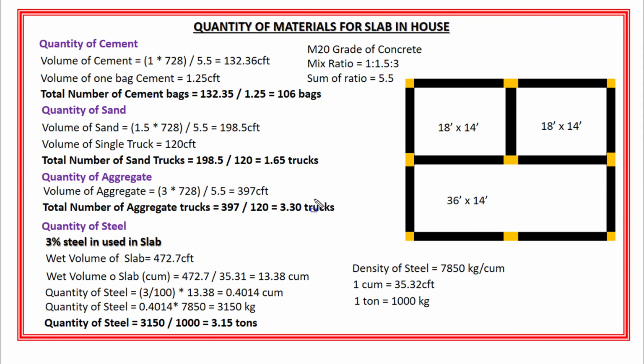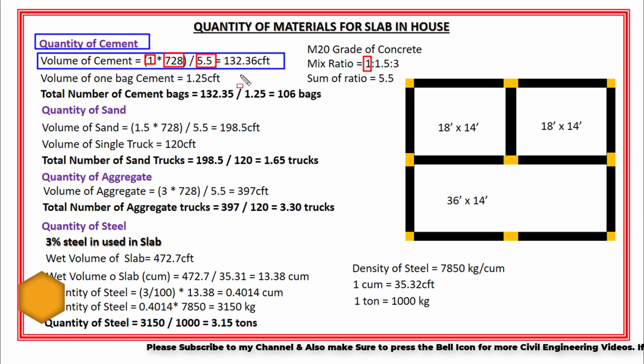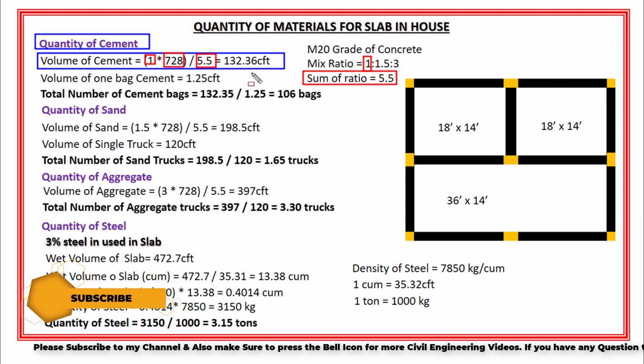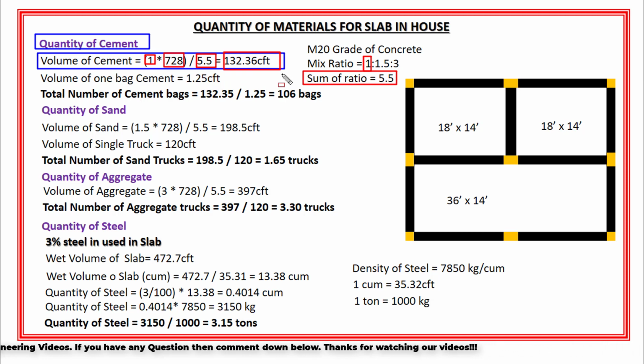So number 1 is the quantity of cement. So the volume or quantity of cement is equal to 1, which is the ratio of cement in the mix ratio of M20 grade concrete, multiplied by the dry volume of concrete, which is 728 cubic feet, divided by 5.5, which is the sum of ratio. And after calculation, the total volume of cement is equal to 132.36 cubic feet, right? Now in the market, I will get the cement in the form of bags. Okay?